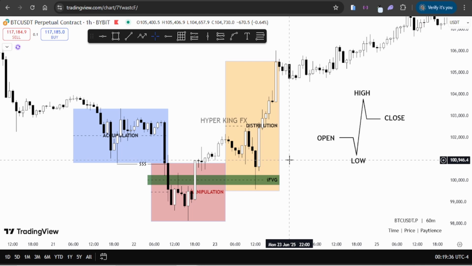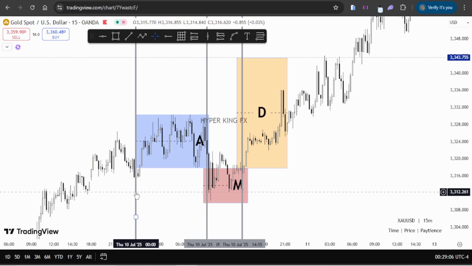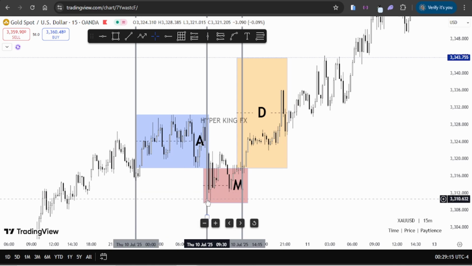Now let me show you on the chart an example of a time-based accumulation, manipulation, and distribution phase. Let me show you an example from gold's price action. Here we had an accumulation between midnight of New York time to the market open.